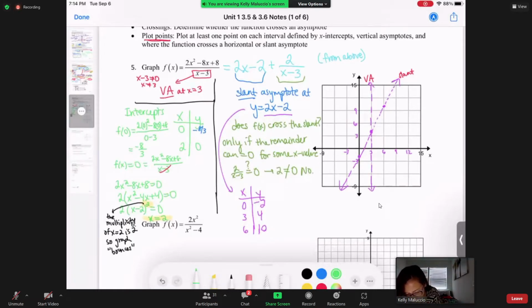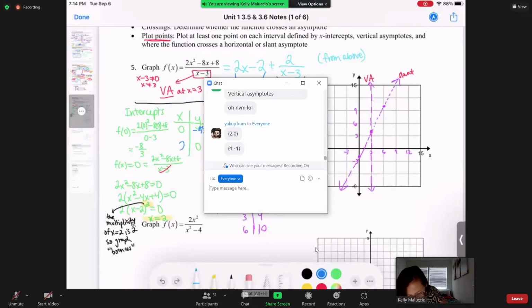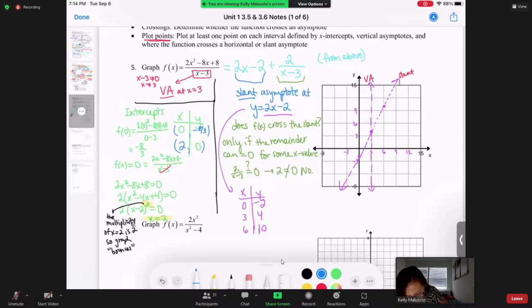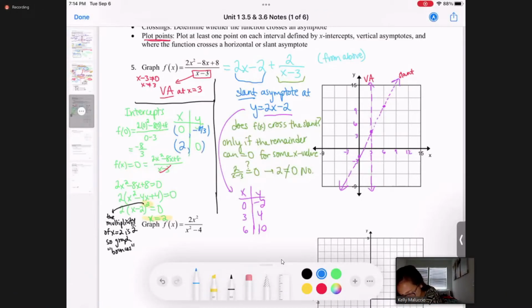So this was 2. Okay, so the intercepts were, and you could think of these like ordered pairs, 2, 0. So maybe that would be like here. And 0, -8/3.